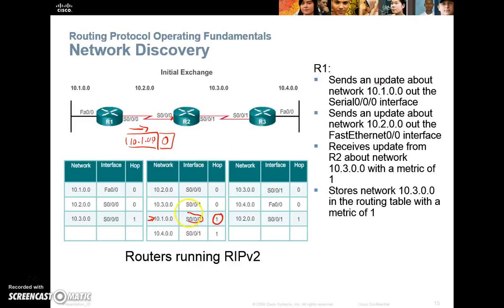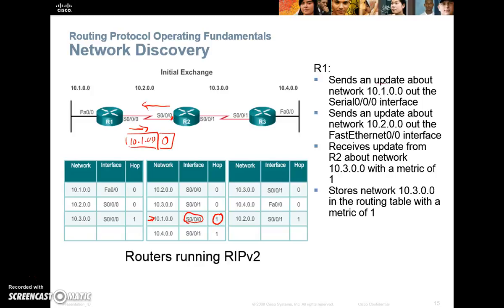So this should be the exit interface for this network, because you know that R1 is connected to this network. So this tells R2 that whenever he receives a packet and the destination IP address is in the 10.1.0.0 network, he will send it out through S0/0/0 and pass it to R1, because R1 has a route to this network.